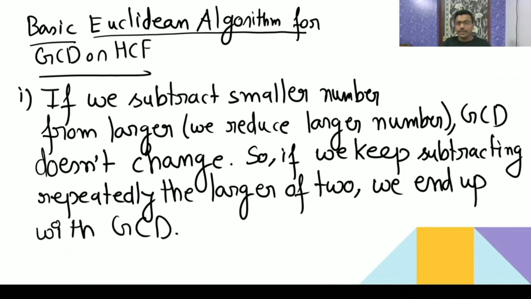So if we keep on doing this, we are going to find the GCD. We stop when the difference is going to be 0. Let me explain that. If from the larger we subtract the smaller number, we reduce the larger number, and after that also the GCD is not going to change. Now with the smaller number and the new number we again use that same method. If we keep subtracting repeatedly, we end up with the GCD.